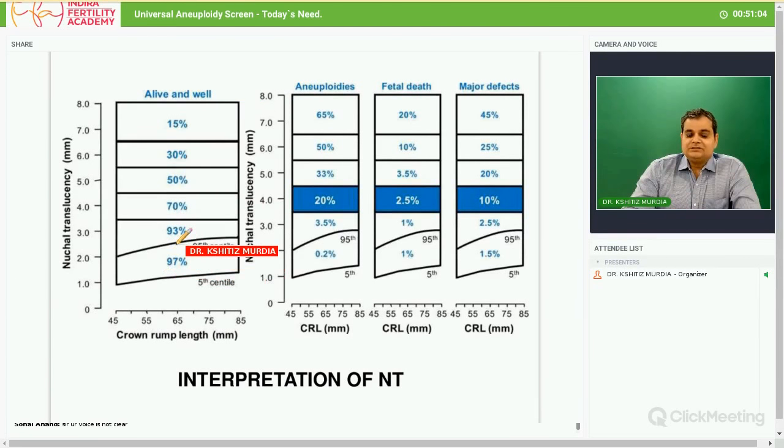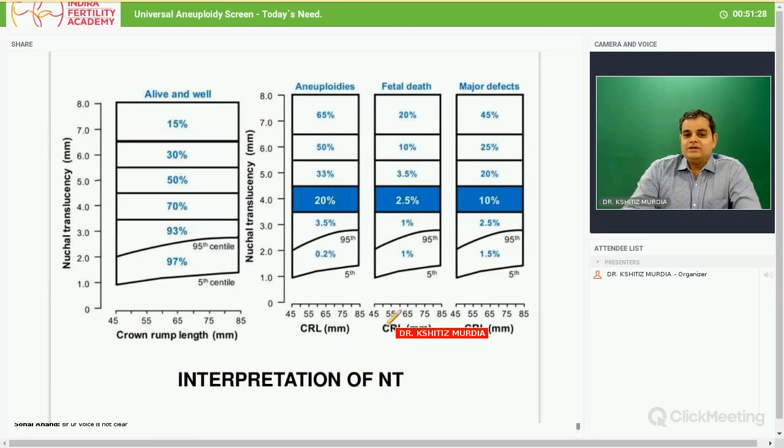But still 3% of babies with a normal NT can have an aneuploidy. If you go to the extreme upper end of this graph, even babies having a higher NT, even at 6, a majority of such babies can still perform well and are very healthy.